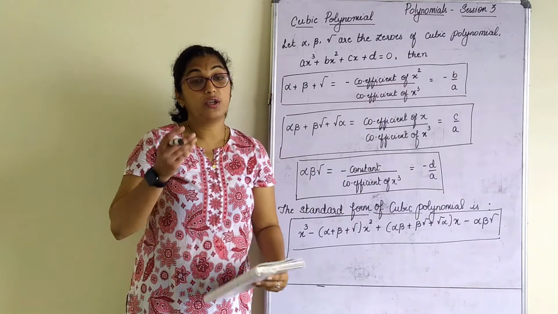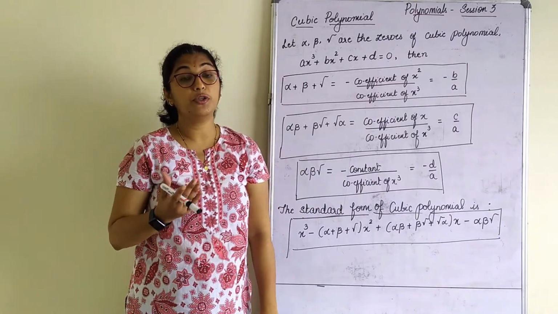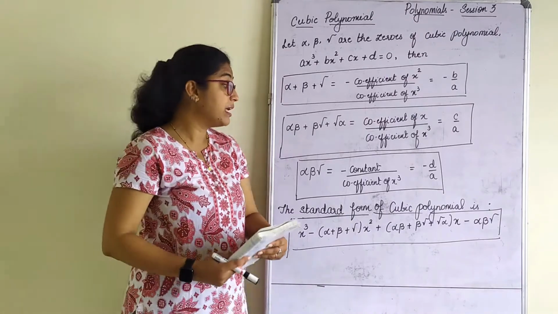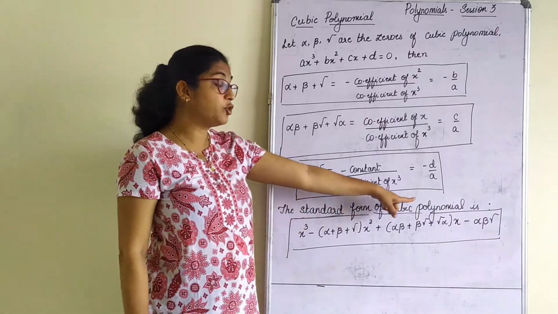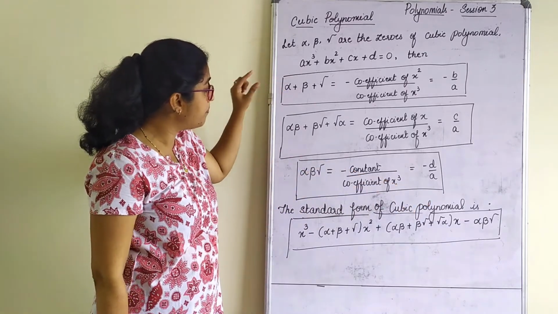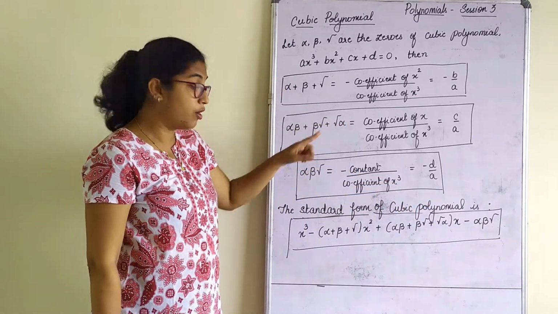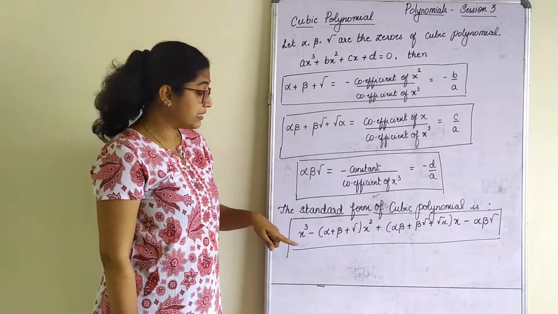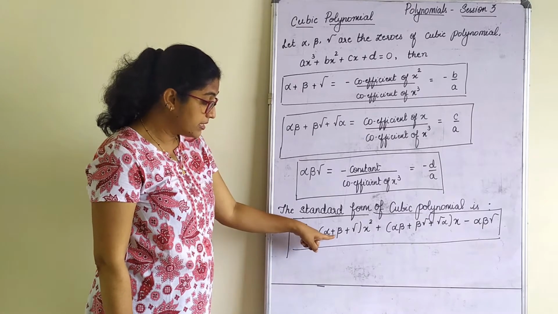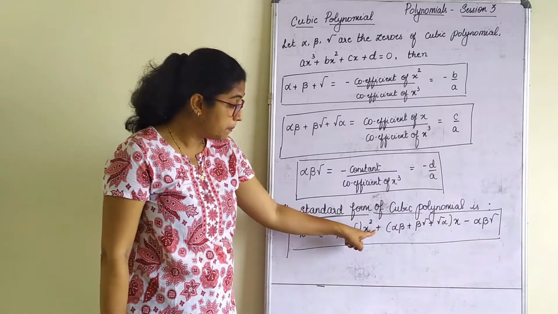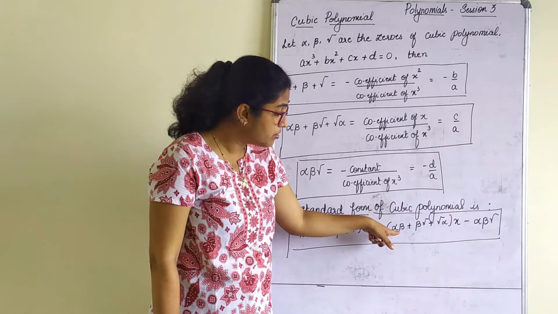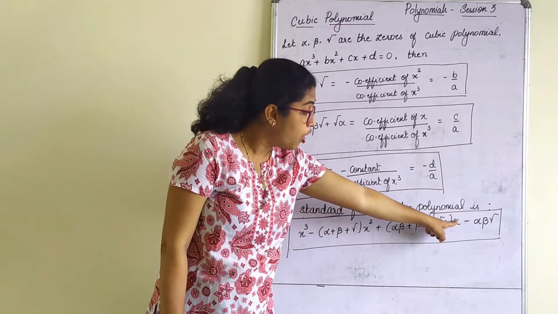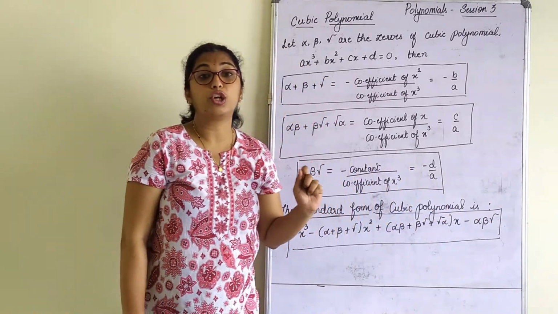Now, for a quadratic polynomial, you knew how to write the standard form if the sum and the product of the zeros were given, correct? Similarly, for a cubic polynomial, if the sum of the zeros, the sum of the product of zeros taken two at a time, and the product of zeros are given, the polynomial can be written as x cube minus (sum of the zeros) x square plus (sum of the product of the zeros taken two at a time) x minus (product of zeros).